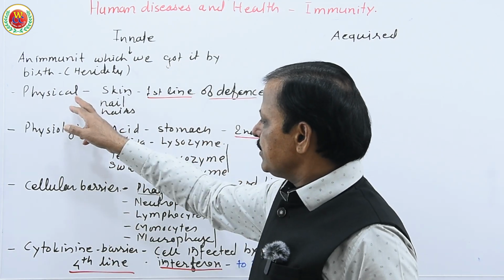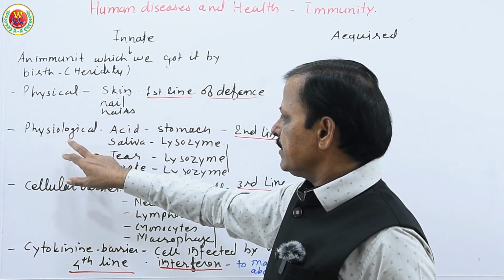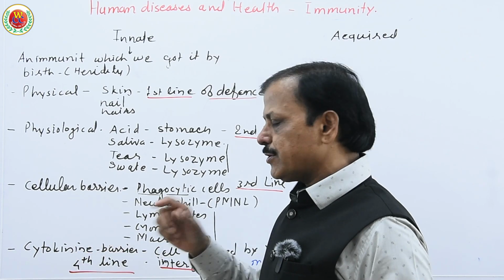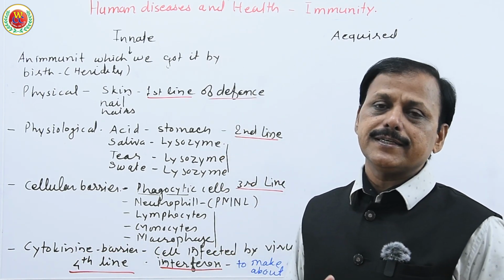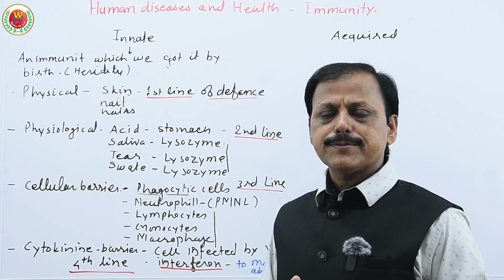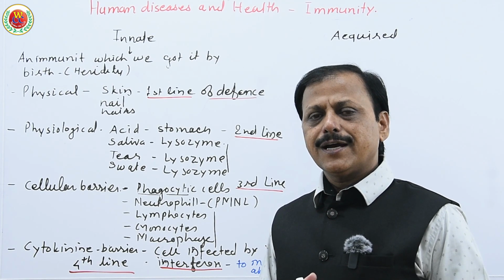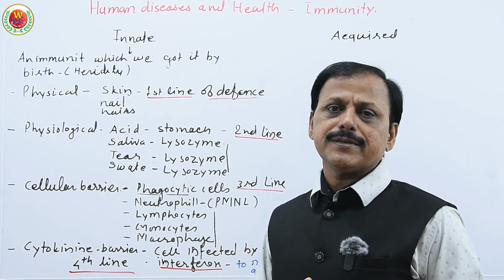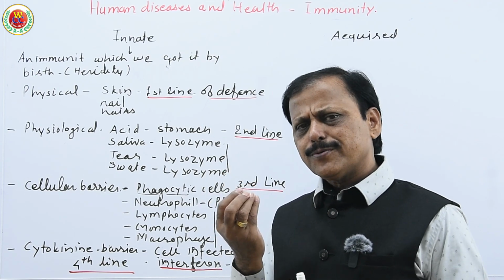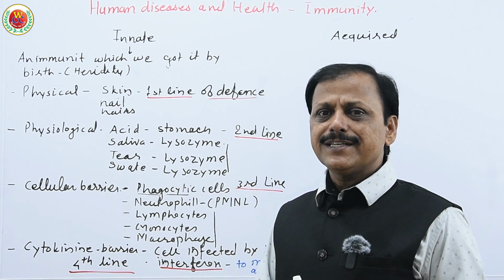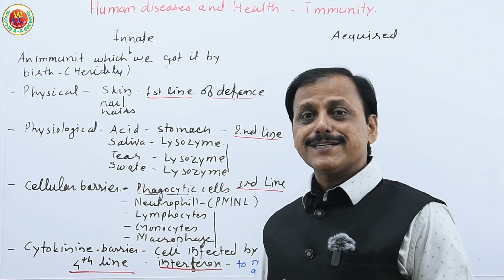So we have these 4 doctors: physical, physiological, cellular, and cytokine, which enable us to be healthy. In our lifespan, if we live for 80 years, we are ill for only 1 or 2 months cumulatively. It is because of these doctors present in our body.